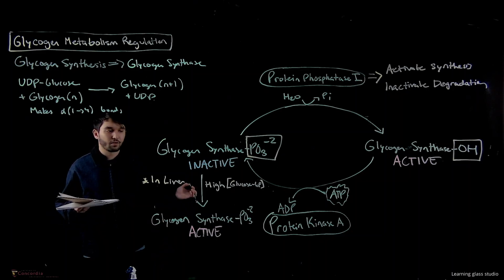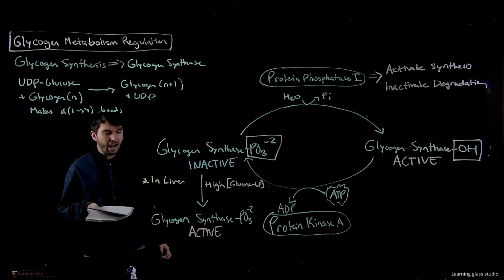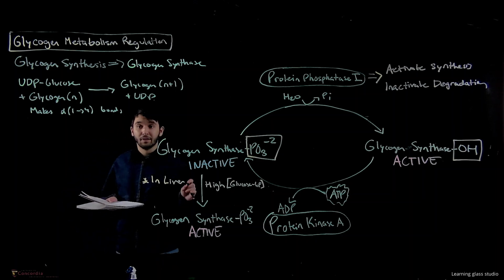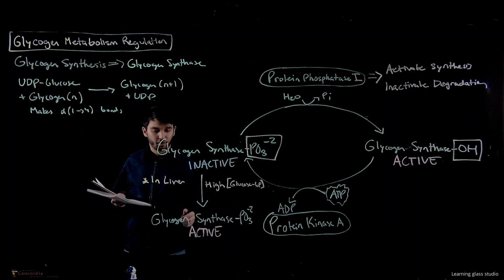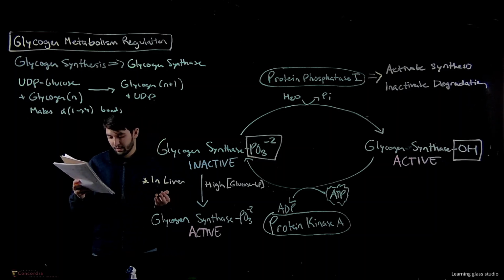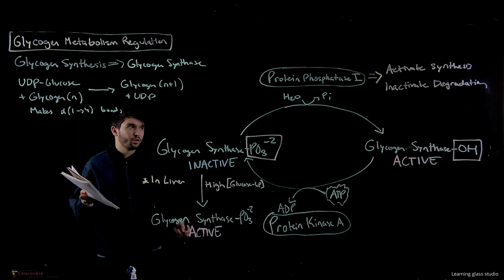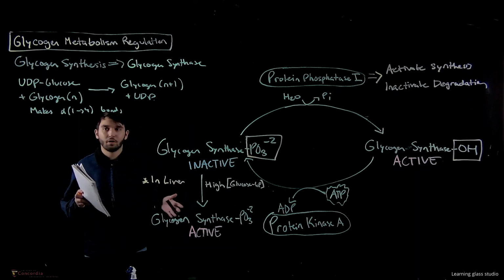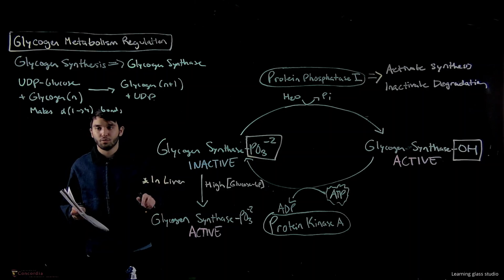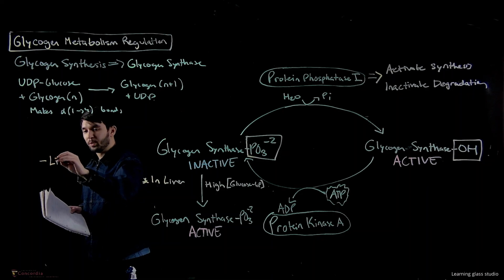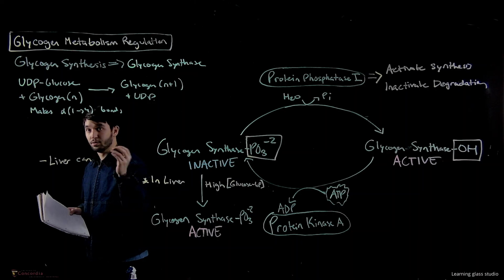It just means that there's a lot of glucose in the cell, in the liver, and this allows the liver to immediately respond to that high glucose concentration and start making glycogen. Allosteric regulation is a little bit faster than reversible phosphorylation, which requires some hormonal regulation. So this allows the liver to rapidly respond to glucose concentration.